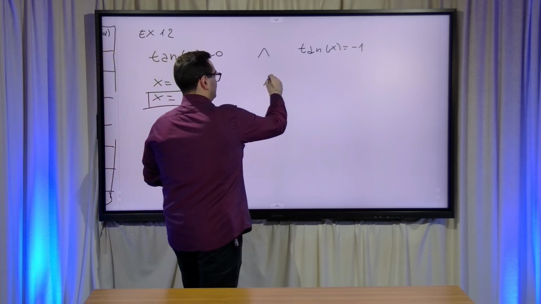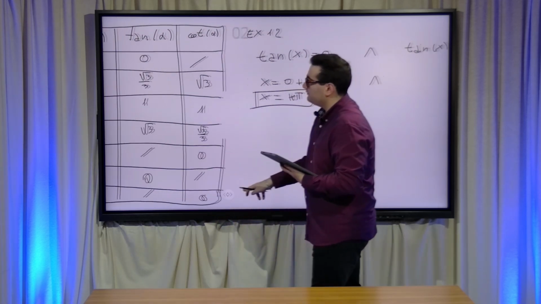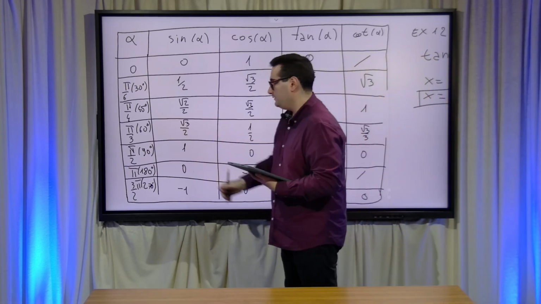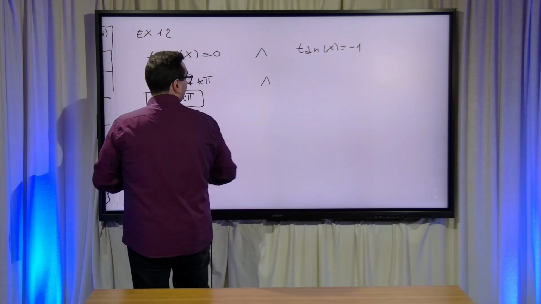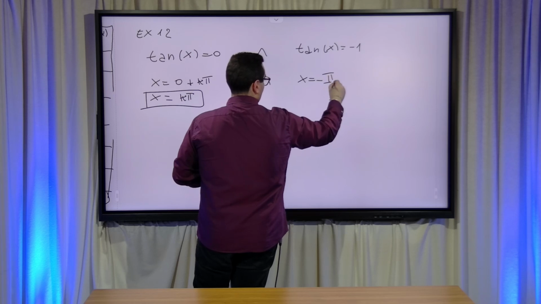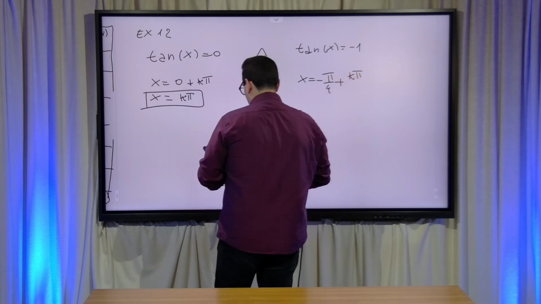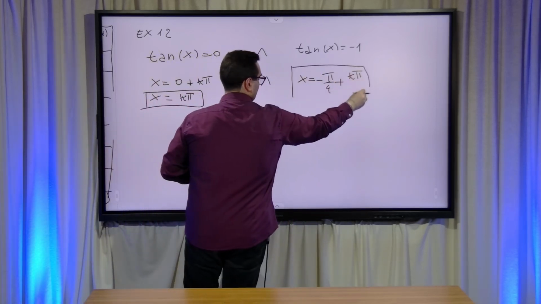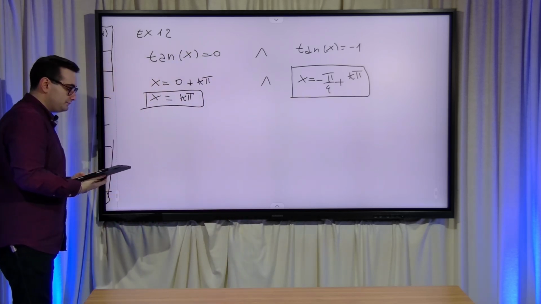And the second one, well, let's look again in the table. I got 1 here at pi over 4, but here I have minus 1, so x is equal to minus pi over 4 plus k pi. So these two are the solutions of this equation.